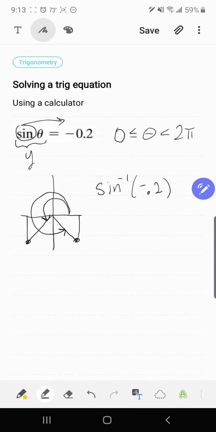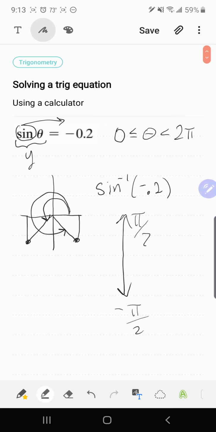And so I know that inverse sine is programmed to give me angles from negative pi over 2 to pi over 2. Remember, that's the restriction for the inverse sine. It only gives angles from negative pi over 2 to pi over 2.